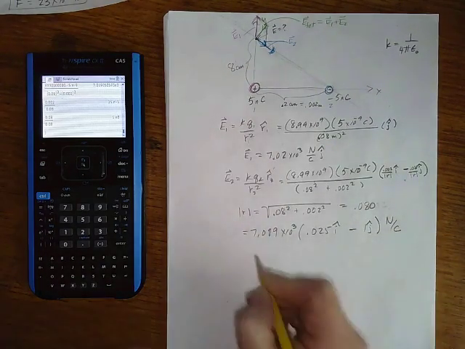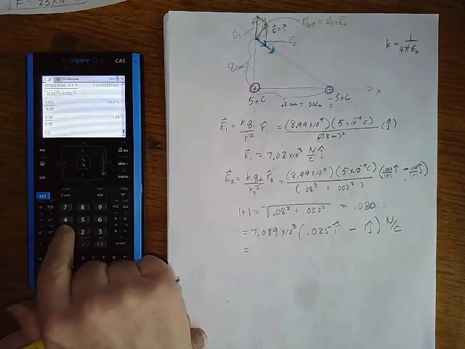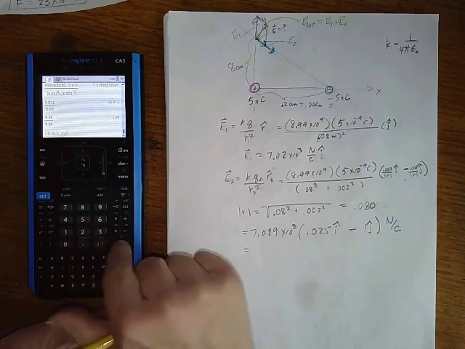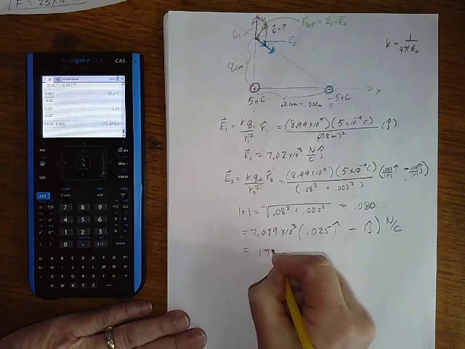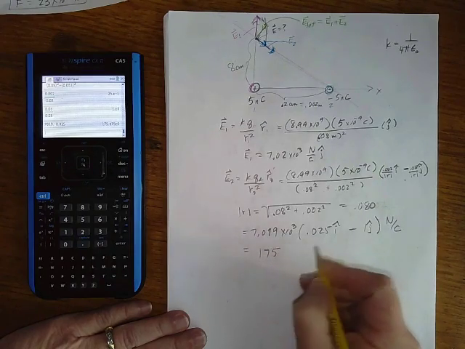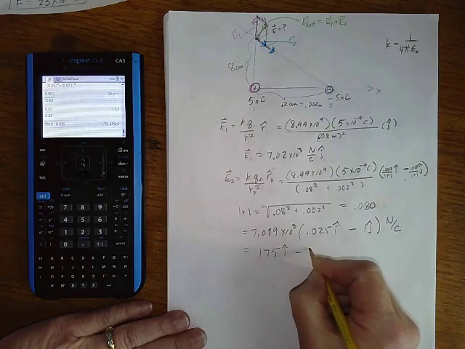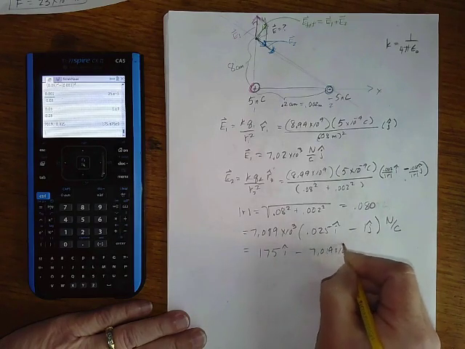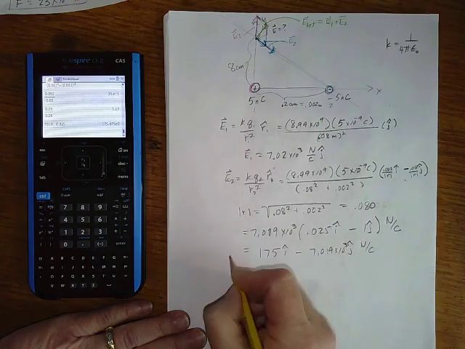So we can multiply this out. 7.019 exponent 3 times 0.025 gives 175 i hat minus 7.019 times 10 to the third j hat. That's per coulomb, that's E2.